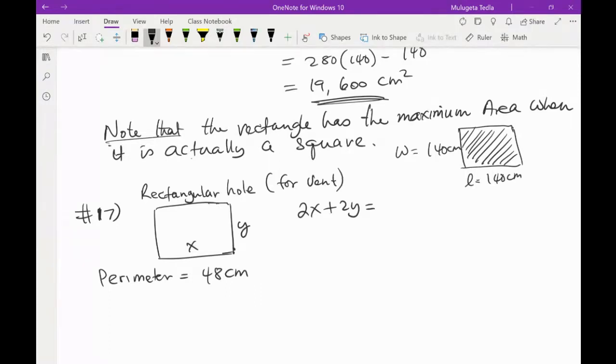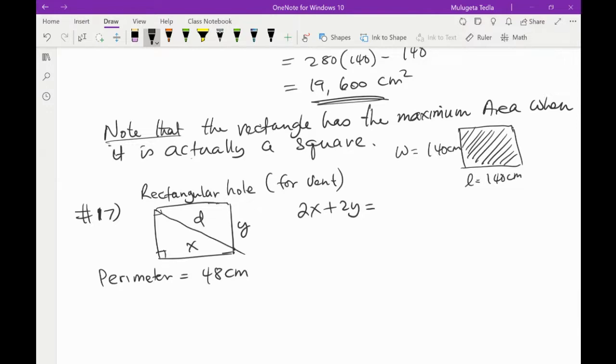The perimeter of that, it's a rectangle, so perimeter is 48. What are they asking? If the perimeter of the hole is 48 centimeters, the length of the diagonal is minimum.